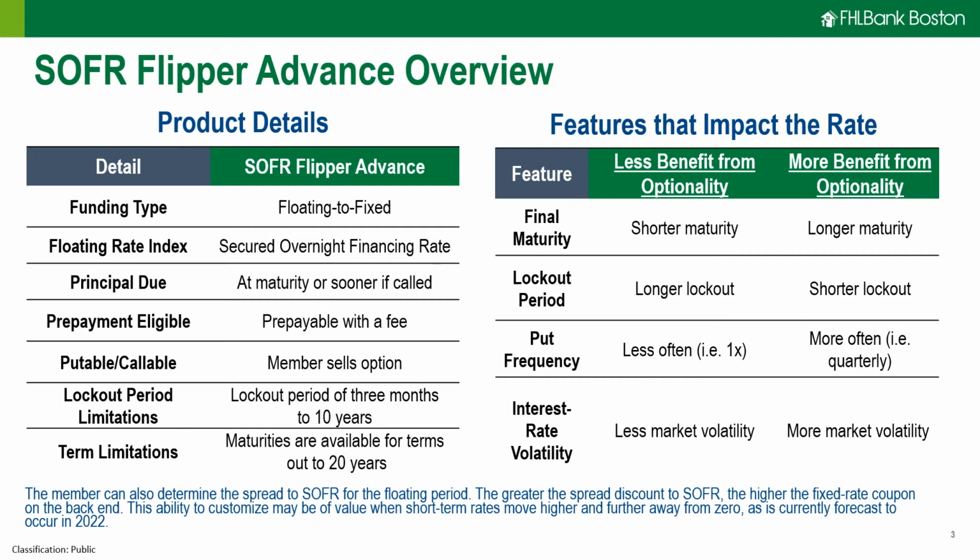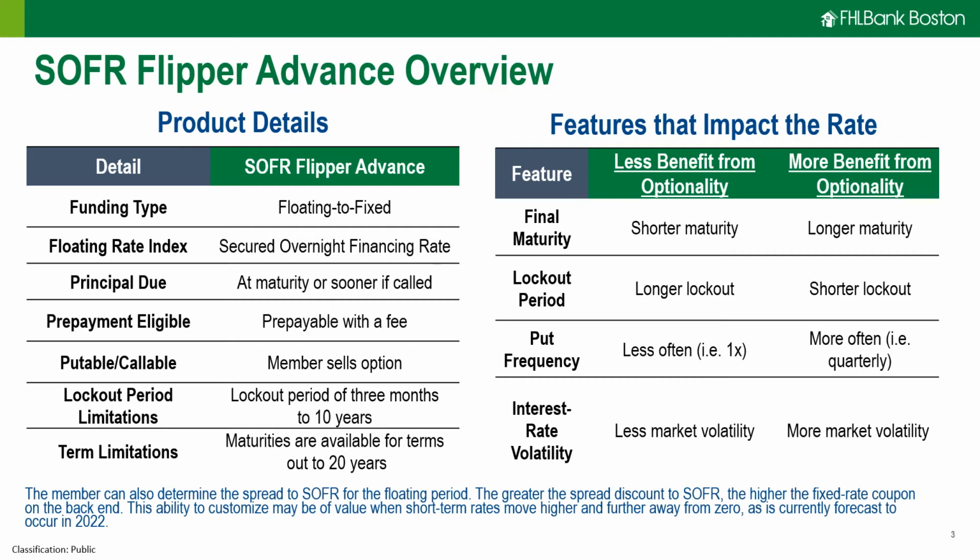Similarly, on the lockout period, the shorter the lockout period, the more benefit you will receive. So again, all else equal, for a structure with a 3-month lockout period as compared to an advance with a 2-year lockout period, you'd see more favorable rates on the shorter lockout.